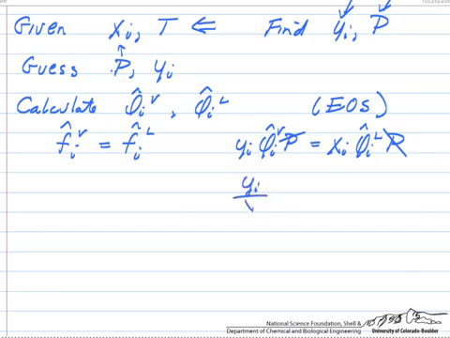So yi over xi is equal to the fugacity coefficient of the liquid phase divided by the fugacity coefficient of the vapor phase, where we also use the symbol k to represent this.